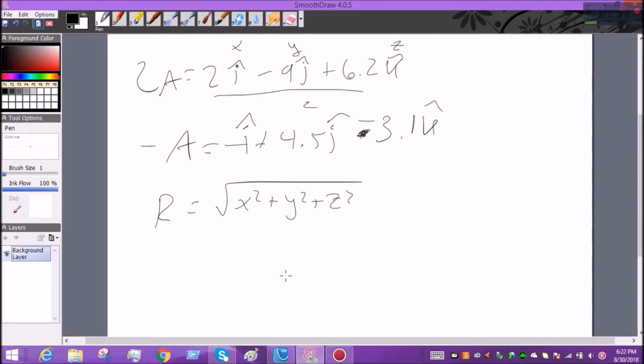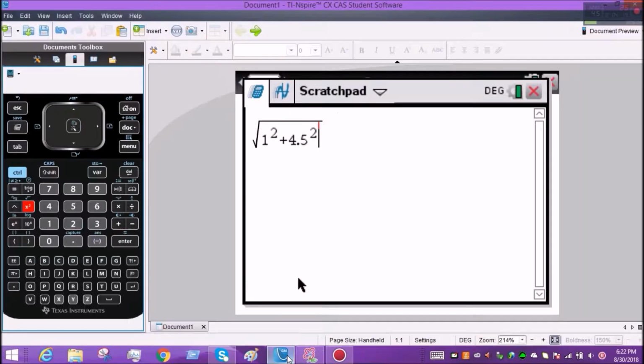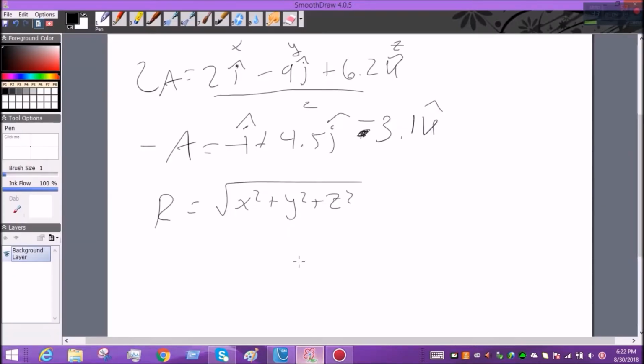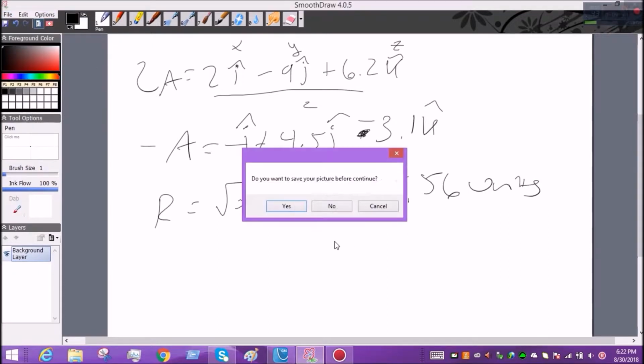It was negative 4.5 for the value of a, but since that value is being squared, we can just write 4.5 squared because it will turn positive in the end. We add that to 3.1 squared, and we get a resultant of 5.56 units. This particular problem didn't give us any units, so we would simply write 5.56 units. I'm just rounding to 2 decimal places for convenience.